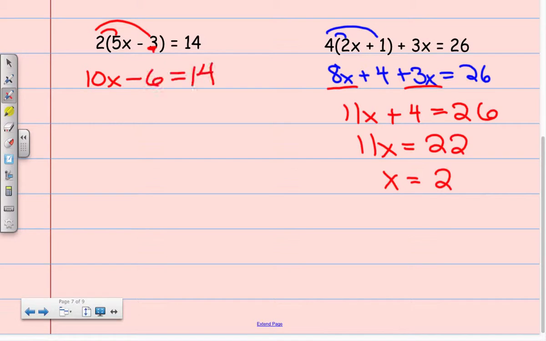That's me distributing. Now I'm going to move what's not connected since I don't have to combine like terms. And I get 10x is equal to 20. Divide by 10. x is equal to 2.